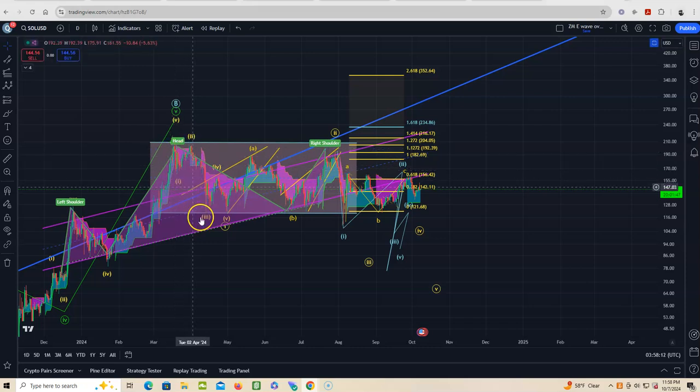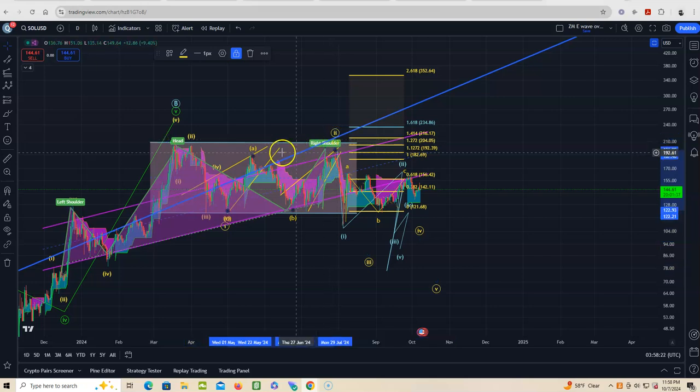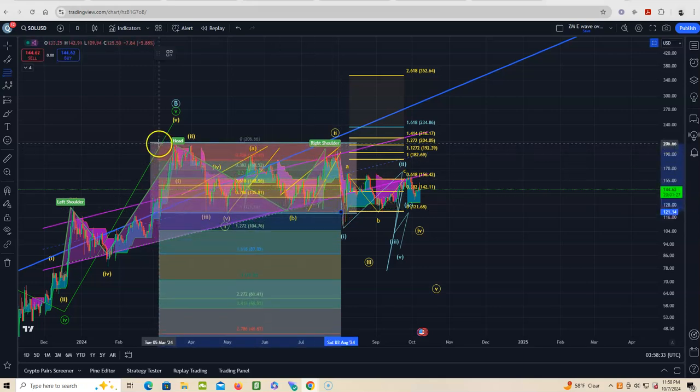So we have a 1, 2, 3, 4, 5 for a 1 primary. A, B, C for a wave 2. So this is our 1, 2 for the beginning of the drop for Solana.